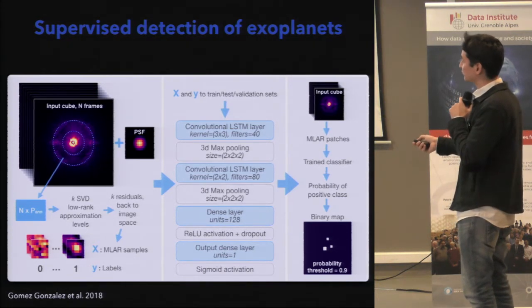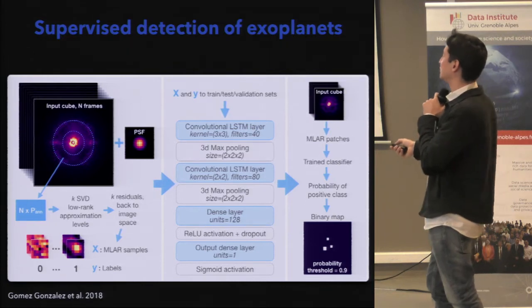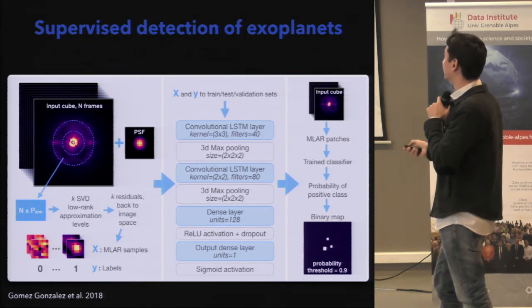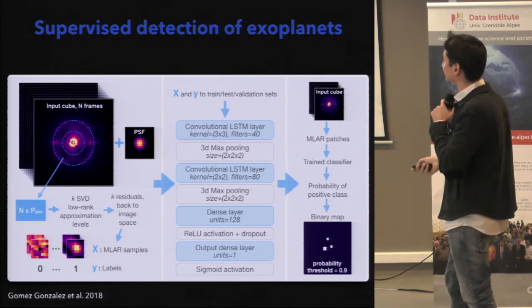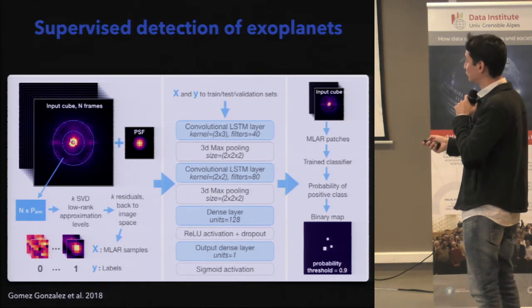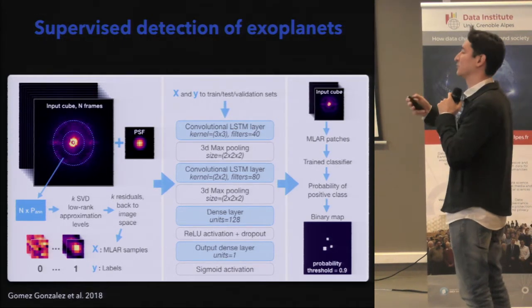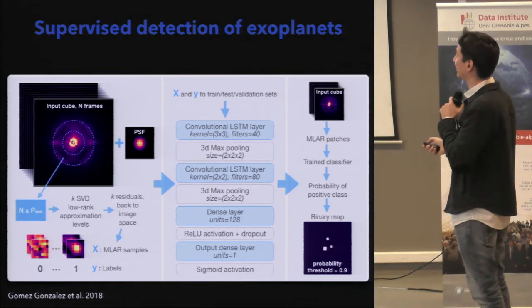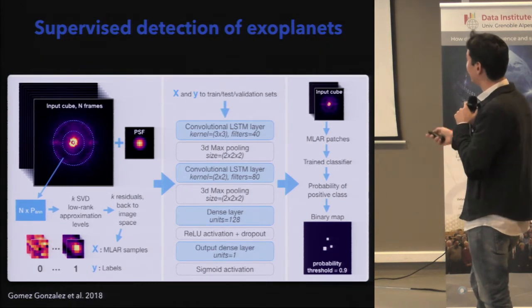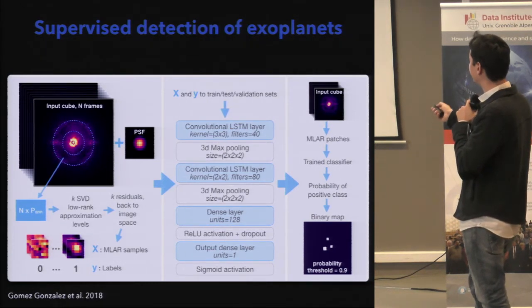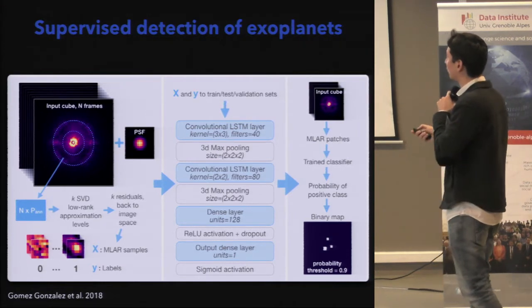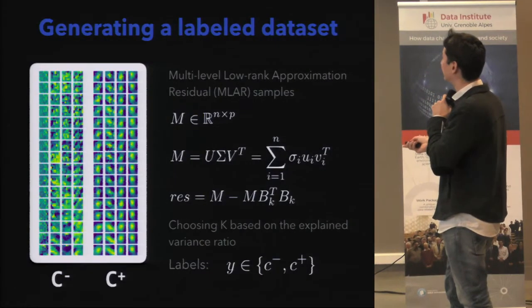We use the SVD low-rank approximation at several k values, by truncating the singular vectors, and then we produce these samples that we can label. Thanks to the fact that we can inject planets, we can inject the signal, we can create positive and negative samples, and then train a model, right? And then do inference. With the learned model, we can have a probability or a prediction afterwards.